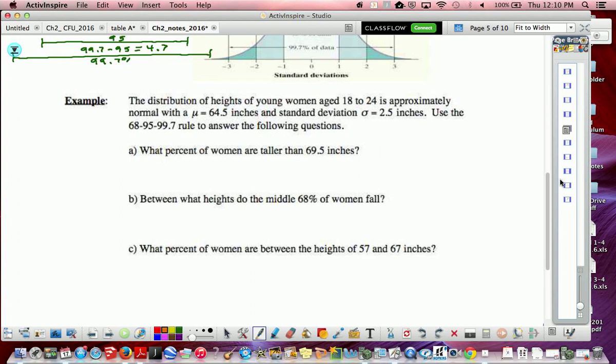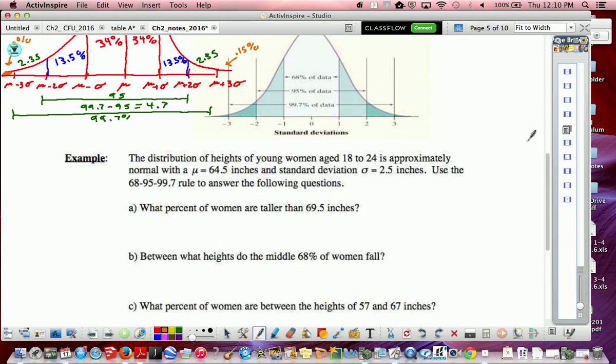What I'd like to actually do is, since I have a series of questions with this problem, I'm going to draw a picture of the distribution. So up here, I'm just going to draw a quick sketch of my normal curve where my mean is at 64.5. So I'm going to go 1, 2, 3 standard deviations to the right and then to the left.